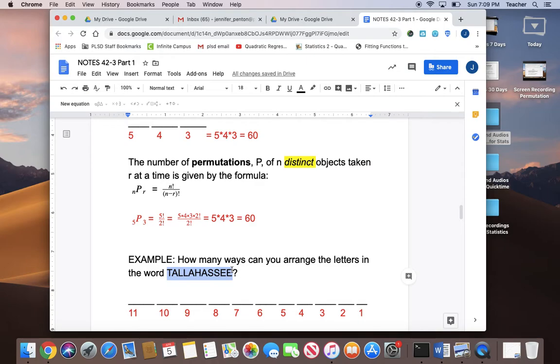So you have 3 letters that are of the kind A, 2 letters that are of the kind L, 2 letters that are of the kind S, and 2 letters that are of the kind E. When you have that, if you just do 11 times 10 times 9 times 8 times 7 times 6 times 5 times 4 times 3 times 2 times 1, you will count too many different arrangements because you have 3 A's and 2 L's and 2 S's and 2 E's, and they're not all distinct. So when that happens, you're going to have to divide out those arrangements that will be repeated because not all your letters are different.